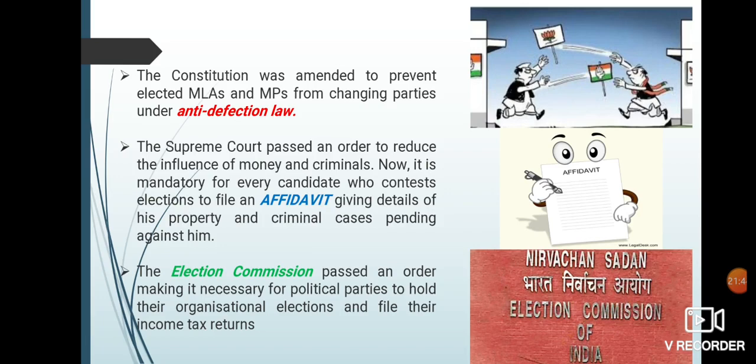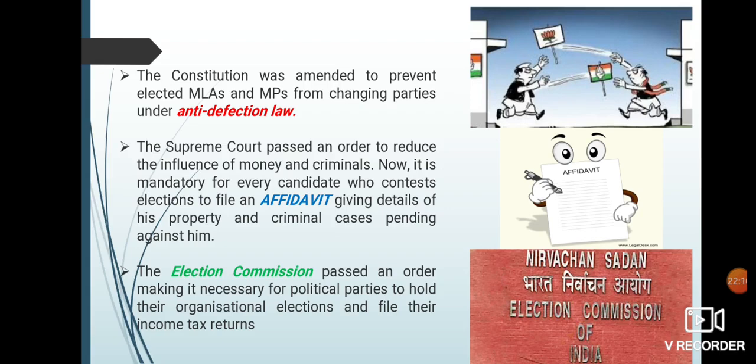This new system has made a lot of information available to the public, but there is no system of check if the information given by the candidates is true or not. As yet, we do not know if it has led to a decline in the influence of the rich and the criminals or it has increased.